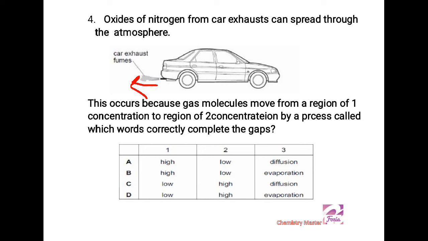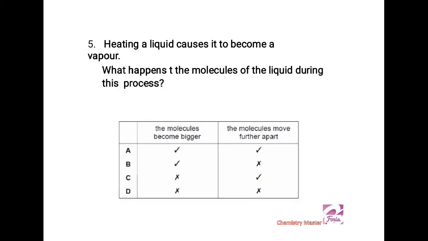If gas particles are spreading, they are diffusing, not evaporating. So options C and D are omitted. We have to think of diffusion now, not evaporation. When a gas diffuses, its particles move from high concentration to low concentration. So you have only options A and C in your list, and you select the correct answer.